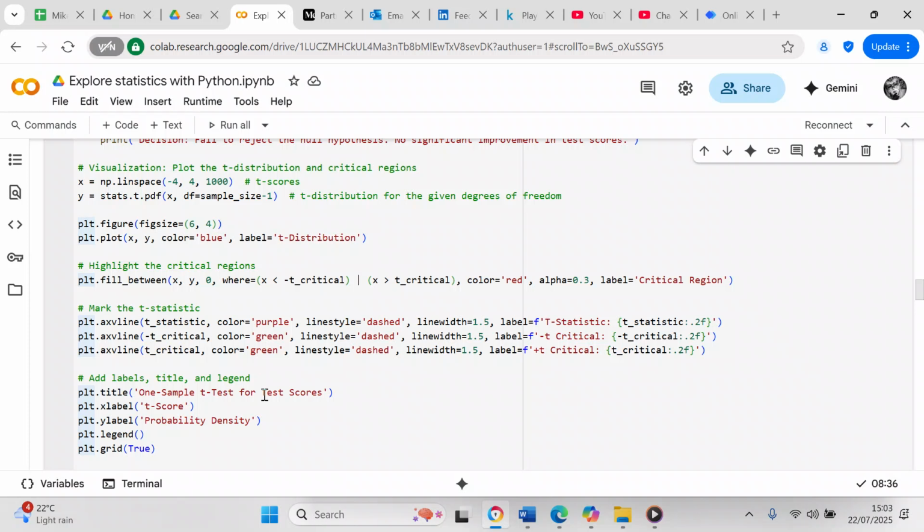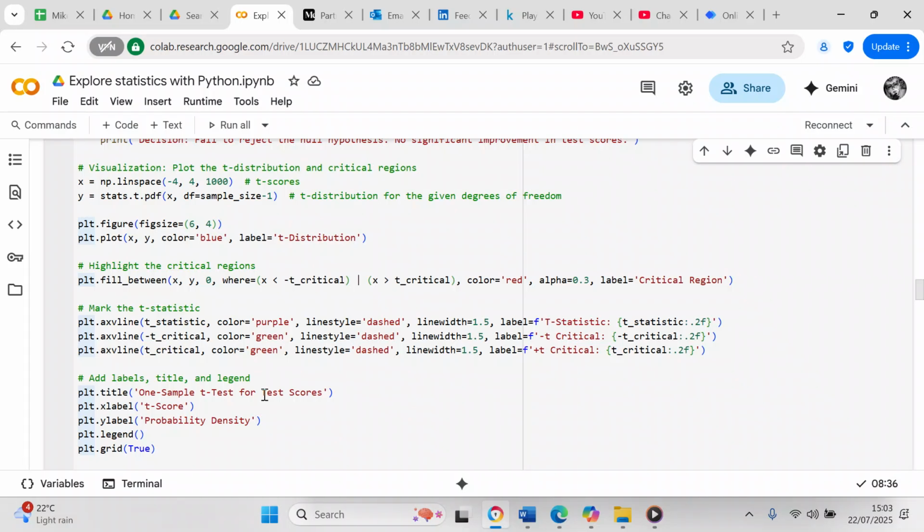And then y equals stats.t.pdf, and pdf is probability density function, (x, df equals sample size minus 1), so that's 19. So plt.figure(figsize=(6, 4)), and then plt.plot(x, y, color='blue', label='t-distribution').